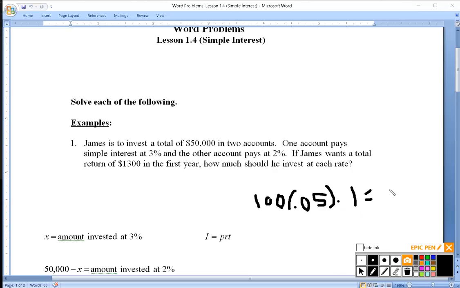Multiply that out, so it's principal $100, the rate is 0.05 or 5%. The time is 1 year, so you would come up with $5. So your interest for the first year would be $5.